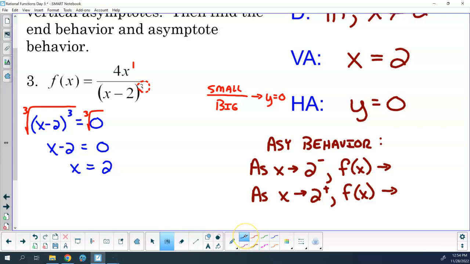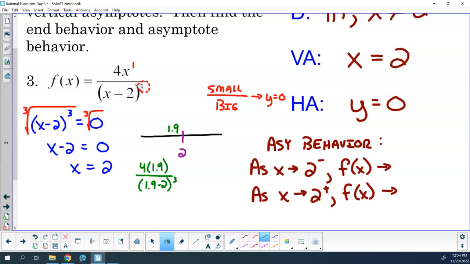So let's look at 2 here now. If I go 1.9 on the left, I plug that in, so I'd have 4 times 1.9 divided by 1.9 minus 2, then cubed.